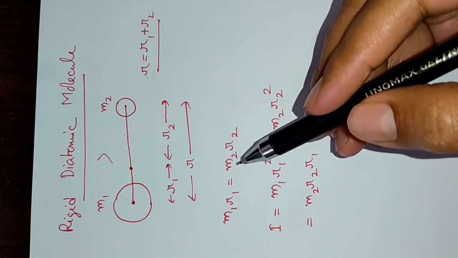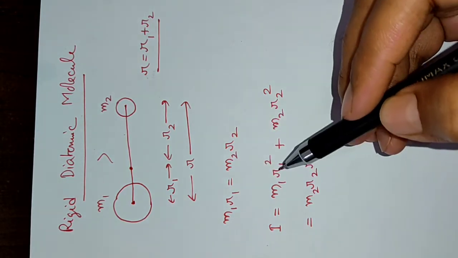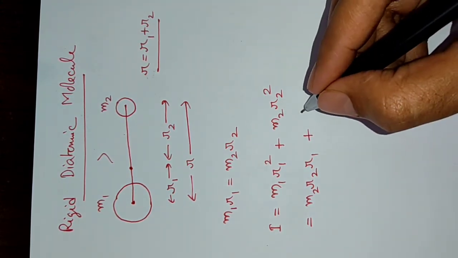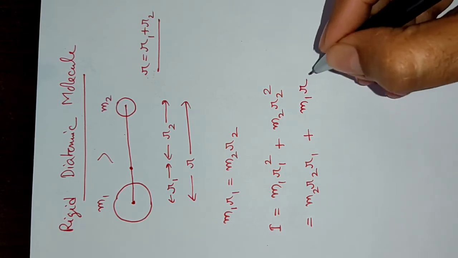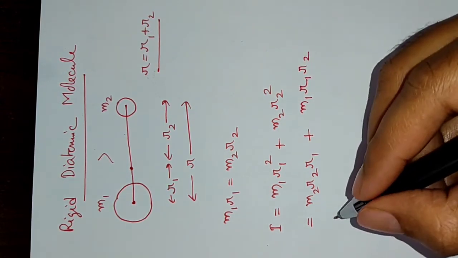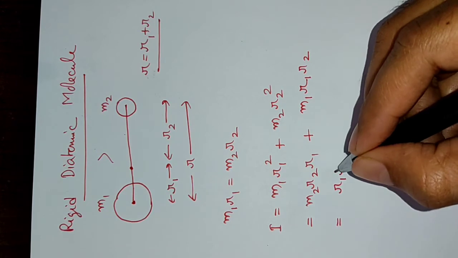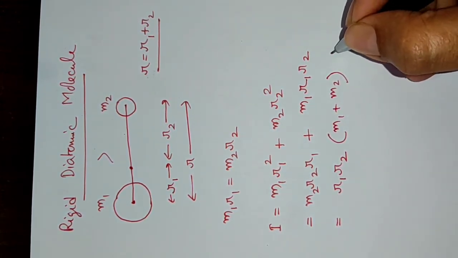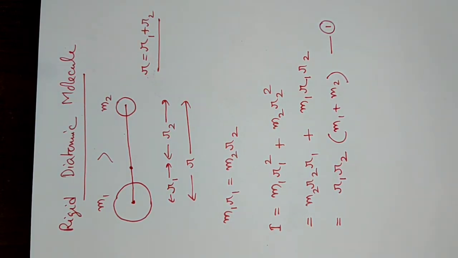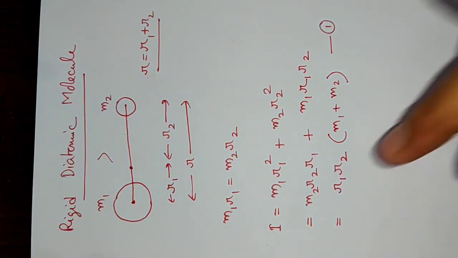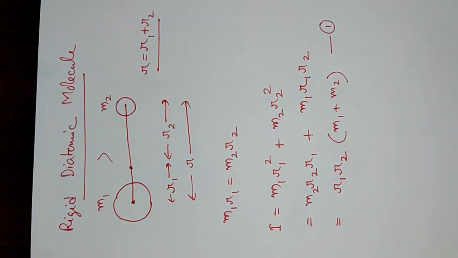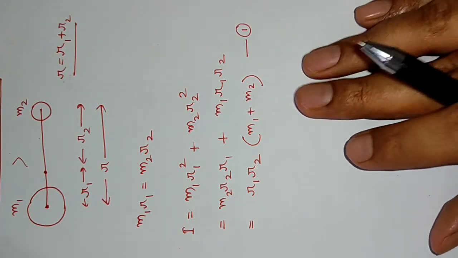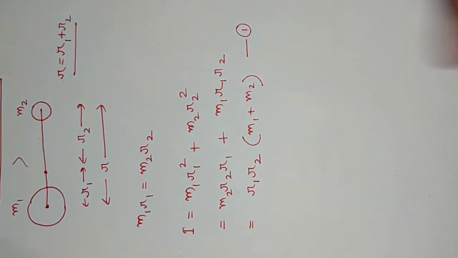I am putting m2 r2 in place of m1 r1, and here the reverse, m1 r1 in place of m2 r2. So it will be m1 r1 r2. Now we take r1 r2 common. So this is equation 1. You will not be able to remember these tricks unless you practice them. So watch the video, make notes, and then practice it.